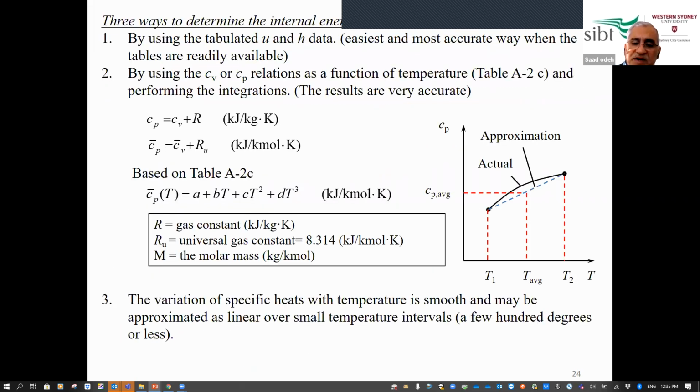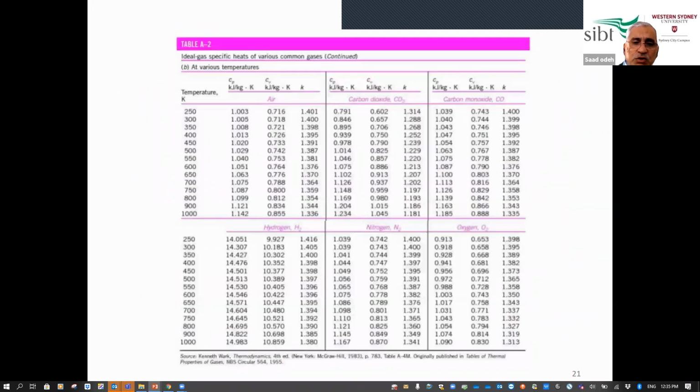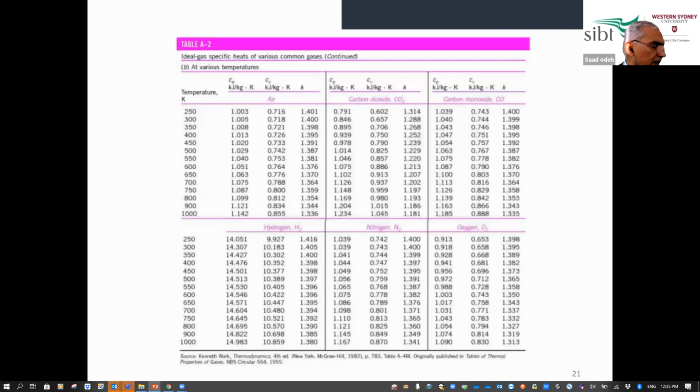I want to compress it all in this class, so let's work on this next week and show you how to find enthalpy and internal energy from the specific heats, CP and CV. Okay.